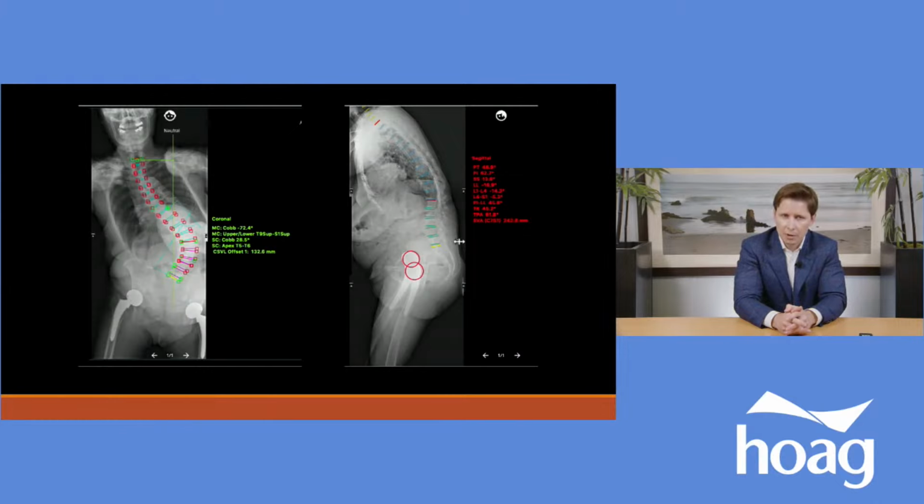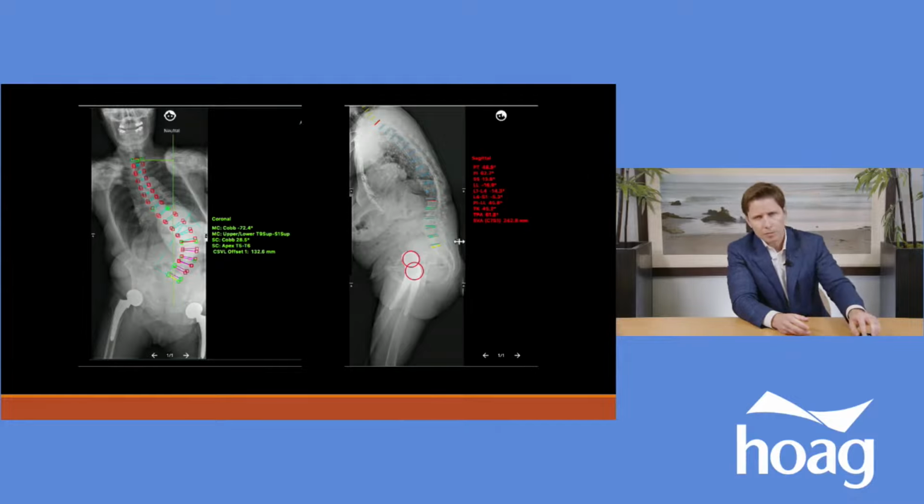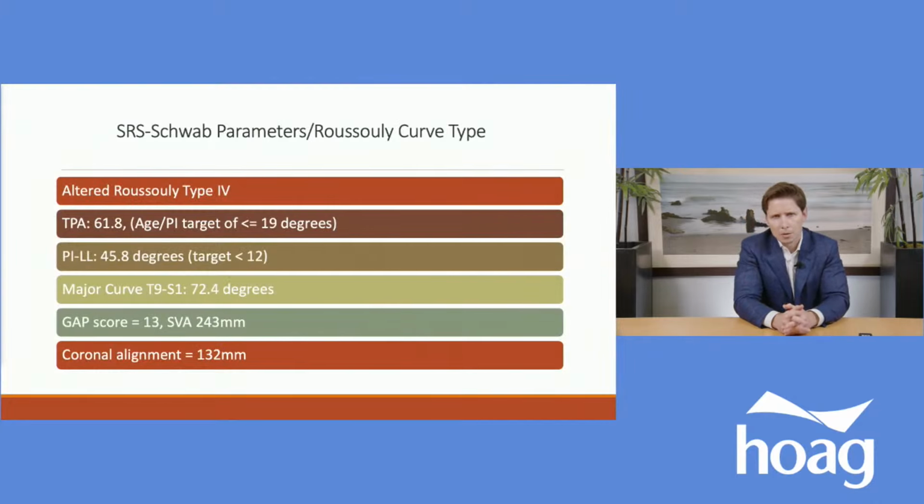The patient has a severe coronal deformity along with a deformity in the sagittal plane that is present on the right. Her curvature measured greater than 70 degrees, and her compensatory mechanisms were completely exhausted, and she was falling over as a result. In running through this, we first identify what type of curvature she has in order to restore that type of curvature, which in this case was a Roussouly type 4.